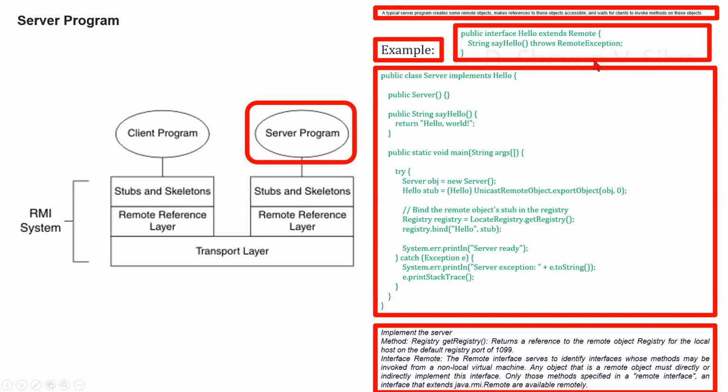Here is an interface definition for a remote interface. As an example, it declares one method which returns a string to the caller.